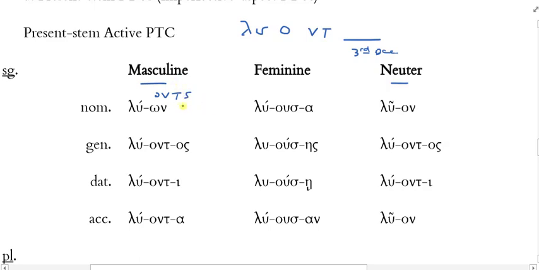What ends up happening here is that the sigma is not used, and the tau becomes final tau, and we know Greek likes to throw in the tau when it's final, so that goes away as well. And then I'm left with the nu, and the omicron, that was the connecting vowel, lengthens to compensate for the loss of my sigma and tau. So I'm left with this form, luon.